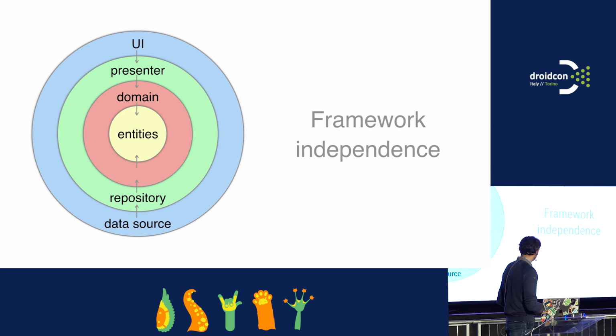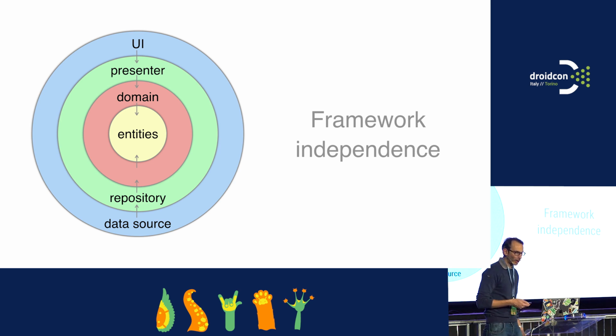Or, for example, the data source is on the bottom. So if we are using, I don't know, Room, and we want to use something else, we don't need to change the domain, the business logic that is in the internal circle. We can just replace a module that is in the external circle. So the business logic of the application, that is the important stuff in the application, is independent from the framework that we are using.